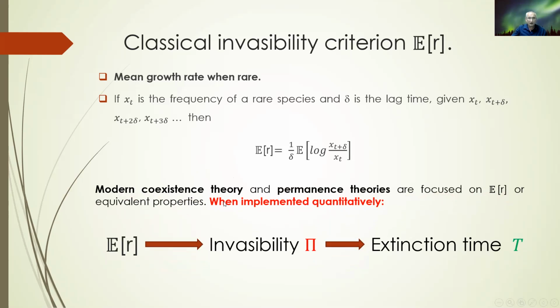Now, if one wants to implement this kind of approach quantitatively, it implies that he or she takes E[R], the mean growth rate when rare, as a metric or at least a proxy for invasibility, and takes invasibility as a metric or a proxy for extinction times. This is the essence of a quantitative application of this coexistence theory.